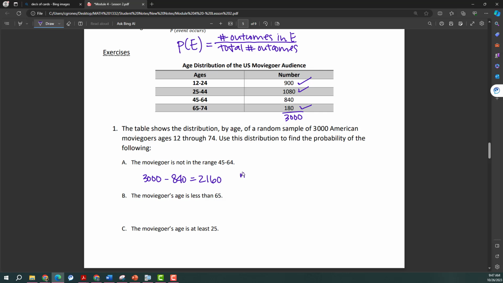So the probability for this specific event, let me erase this. The probability of not being in 45 through 64, there are 2160 out of the 3,000. And that reduces down to 18 over 25.